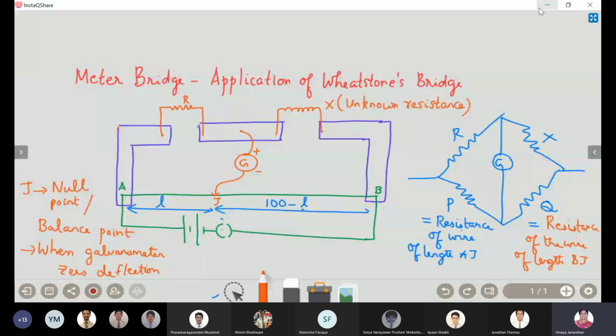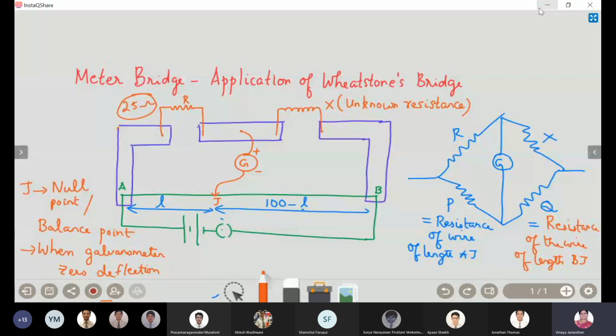Is that clear, boys? While performing the experiment, I have to keep plugging the resistance R. Keep this in mind. Then I have to move the jockey so that at one particular point, say if I'm plugging the resistance as 25 ohms, boys who have done the experiment will know this better, I have to move the jockey along the wire AB.